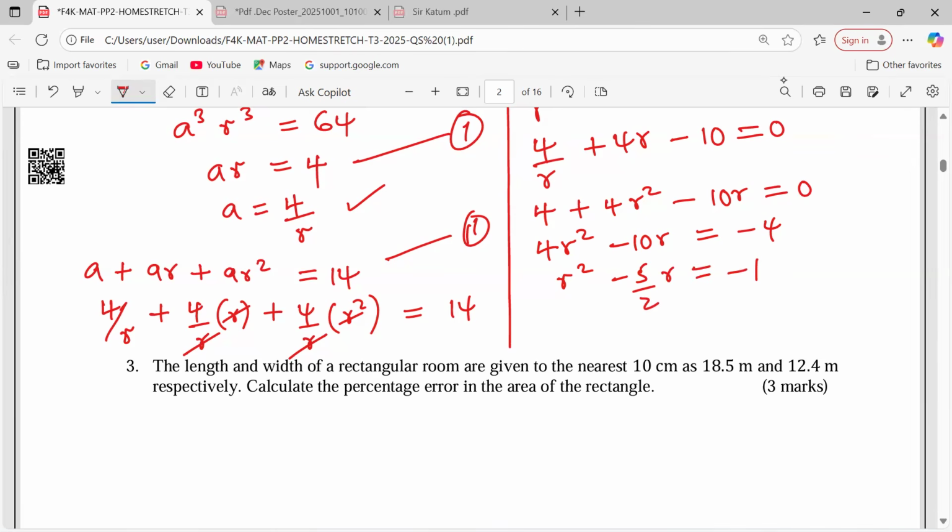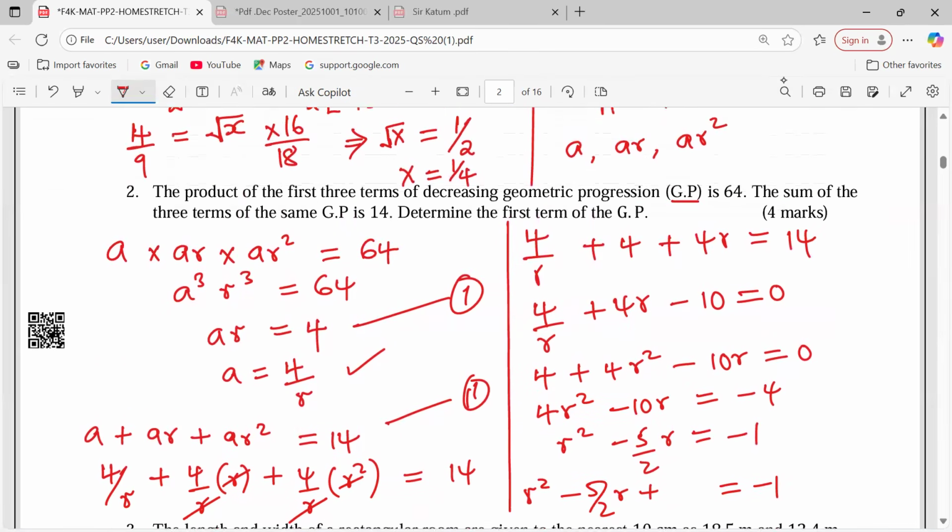So we're supposed to add a constant to both sides so as to make the left-hand side a perfect square. So r squared minus 5 over 2 r plus a constant, negative 1 also plus a constant. How do we get this constant?